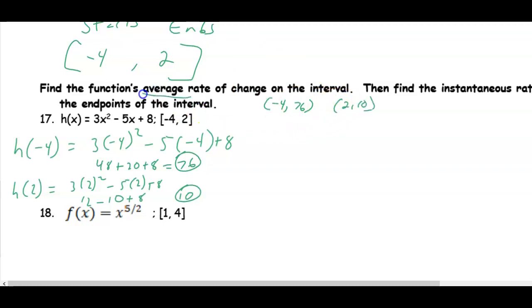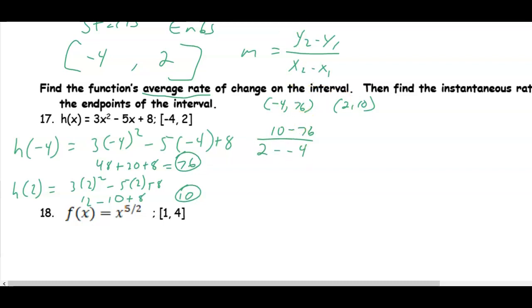So for the average rate of change, guys, listen, we just plugged in our start point and end point, got our 2 y values, made our corresponding coordinate points, and then we're going to use the slope formula, which is y2 minus y1 all over x2 minus x1. So we do 10 minus 76 all over 2 minus a negative 4.